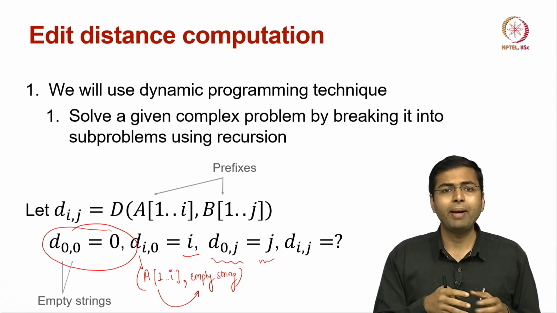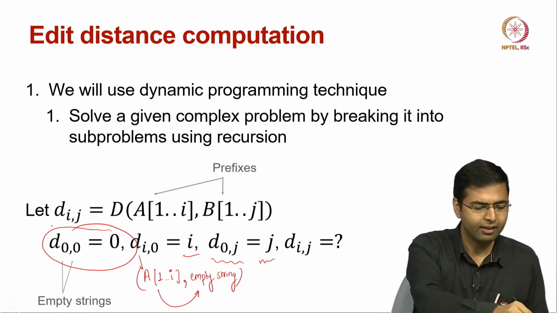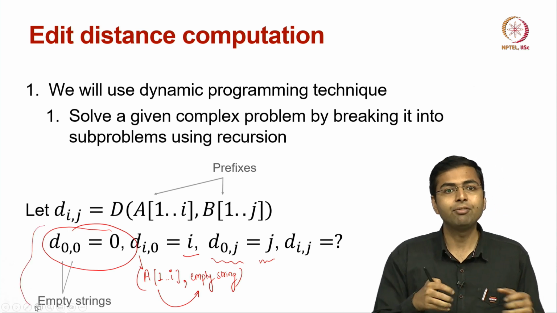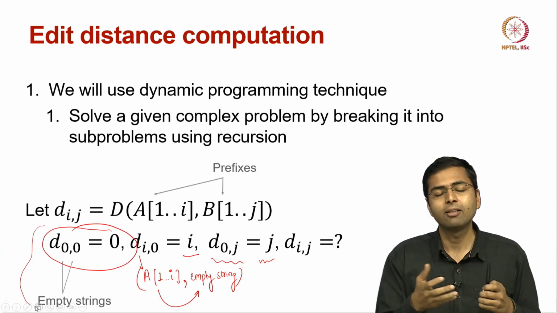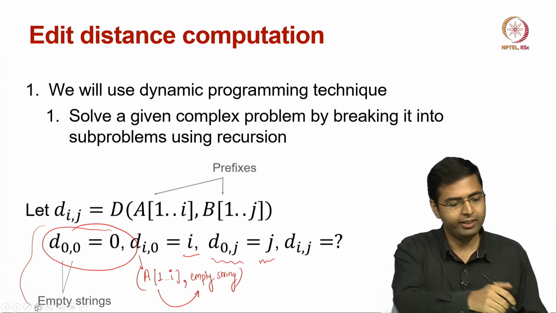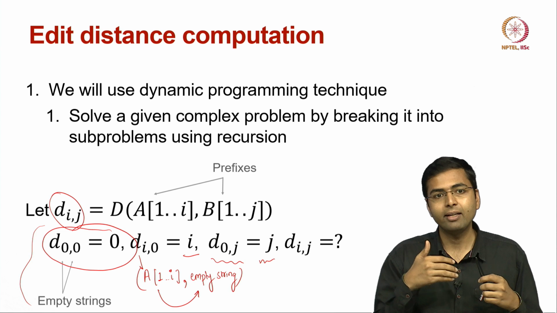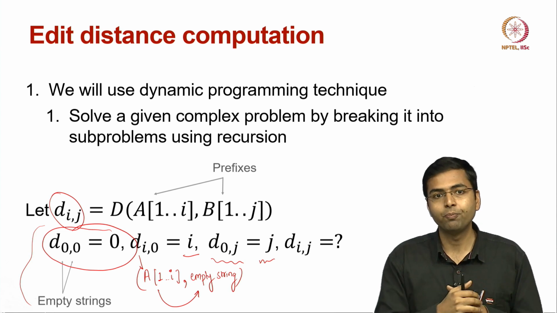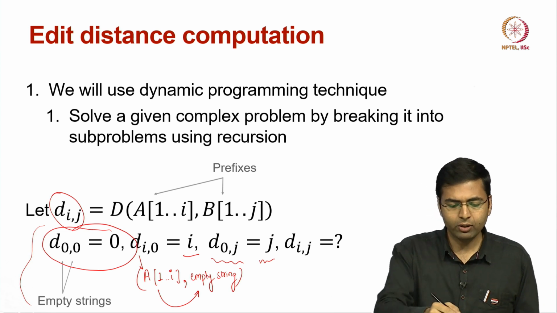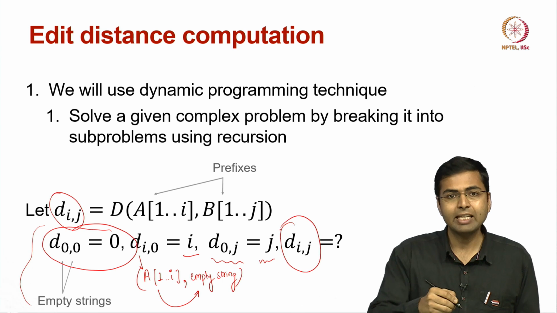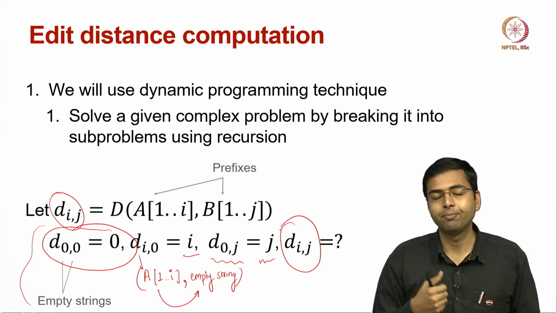So, these are all called base cases because these are all trivial, and we have defined d(i, j) for trivial scenarios where either i is 0 or j is 0. What about the natural case, which is d(i, j)?